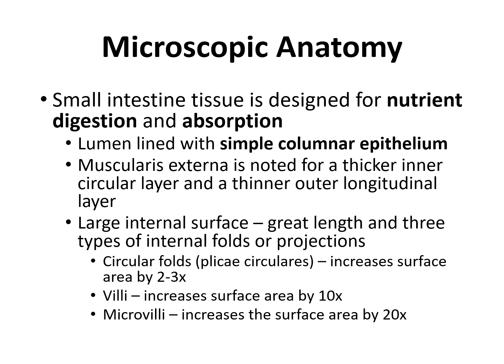The submucosa layer is going to contain blood vessels and glands. And the muscularis layer is going to use smooth muscle for movements. So if we look at the muscularis externa, it is noted for having a thicker inner circular layer and a thinner outer longitudinal layer.